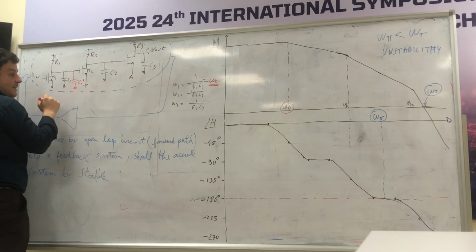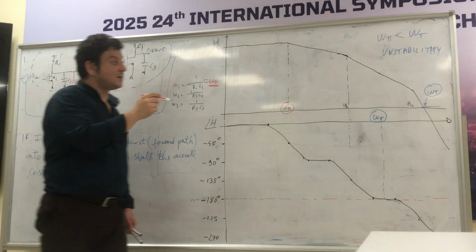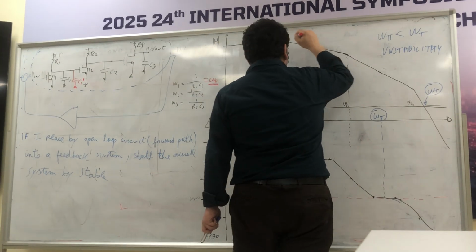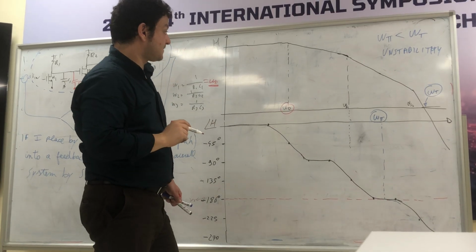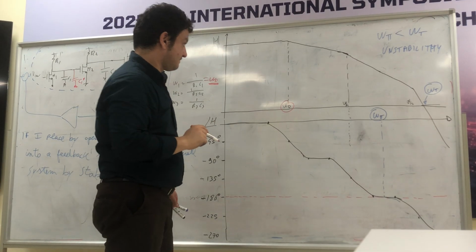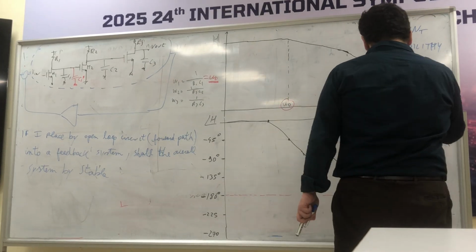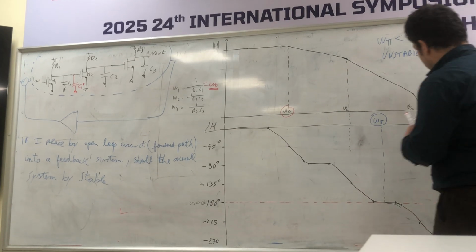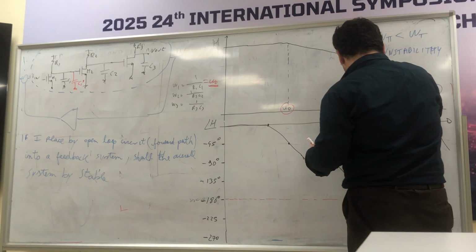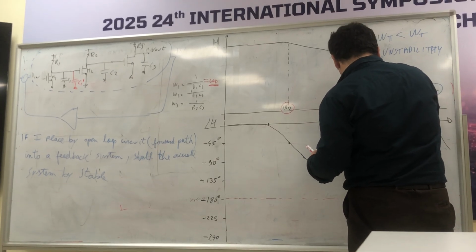C1 plus, okay? So that's what I do. I move, actually, this node, this pole, to a lower frequency, okay? So I want this to move here. So actually what I can do, it looks something like this, shifted here.